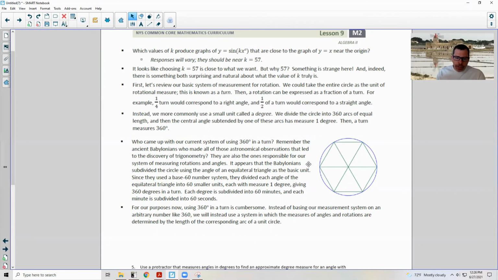For our purpose now, using 360 degrees in a turn is cumbersome. Instead of basing our measurement system on an arbitrary number like 360, we will instead use a system in which the measures of angles and rotations are determined by the length of the corresponding arc of a unit circle.